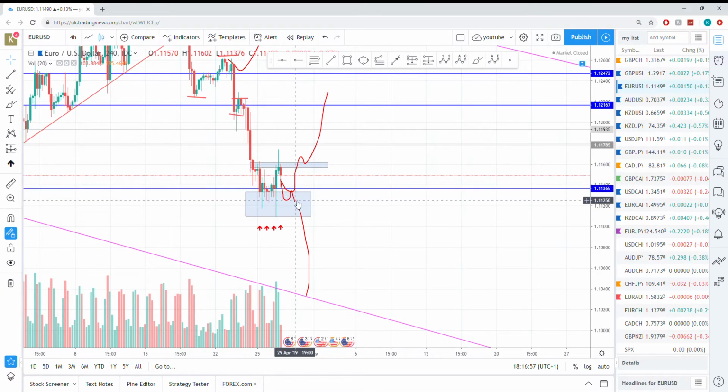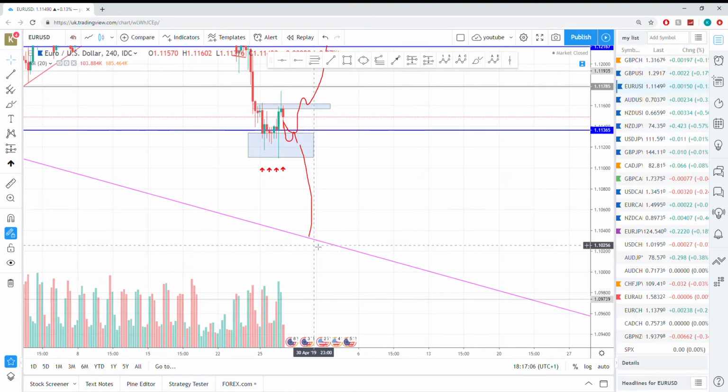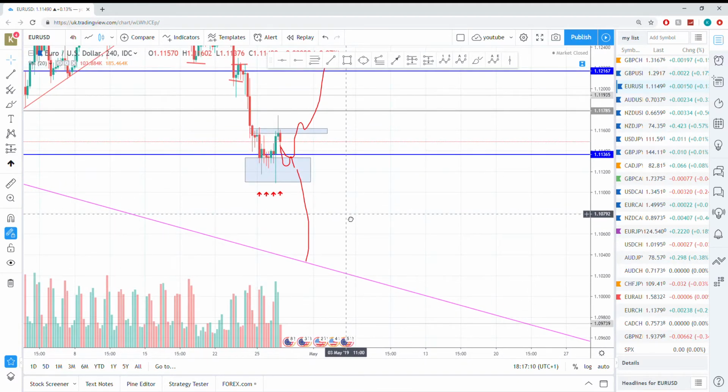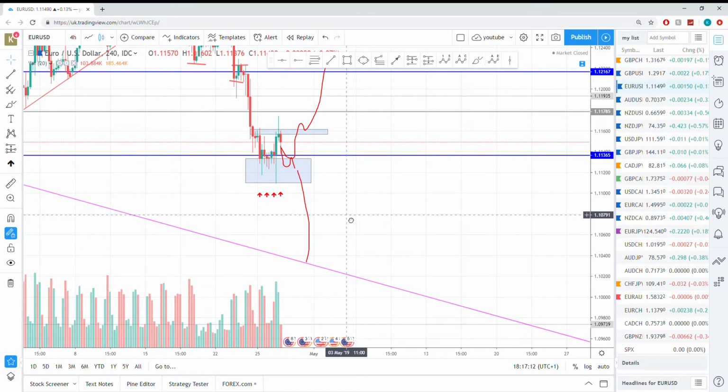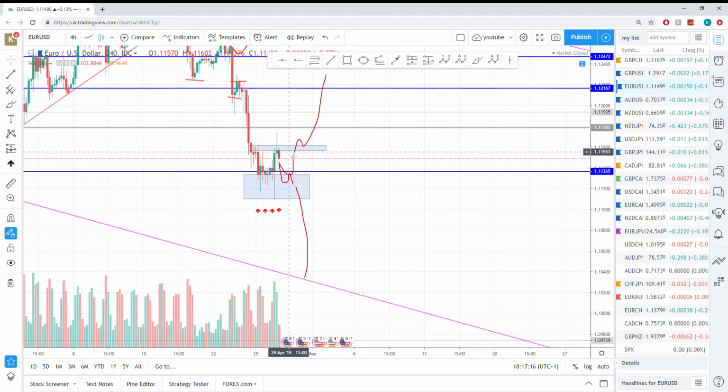I want to see what happens to the price on our bottom trend line here. Hopefully we do find sensitivity at this point and find the right momentum this week. But we have to wait for how price rejects this zone, and how it performs on this key area.